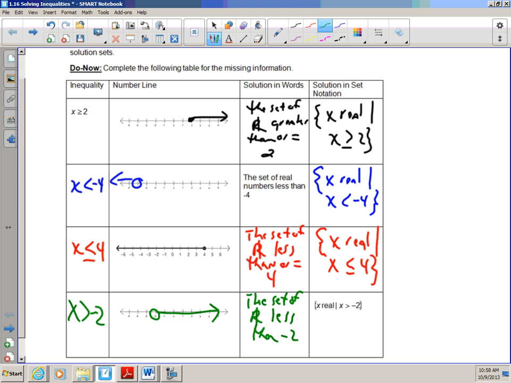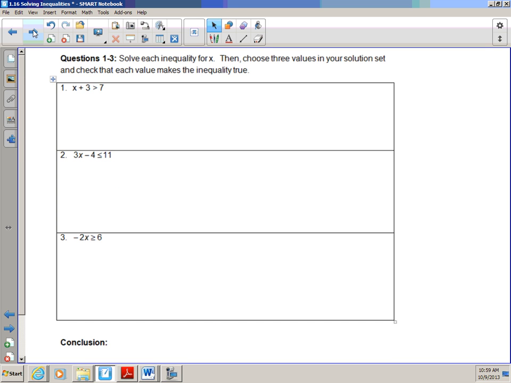Now, so far what you've seen is that the set notation is basically almost the same as what's in this first column here. The point is, what we're going to do today is solve an inequality so that we get down to what the answer is in the first column shown. So let's go through some examples.